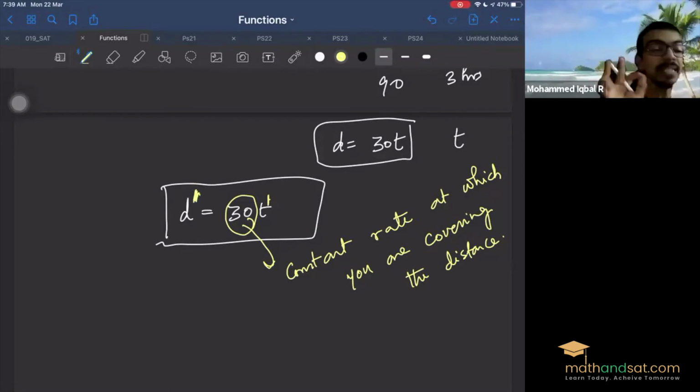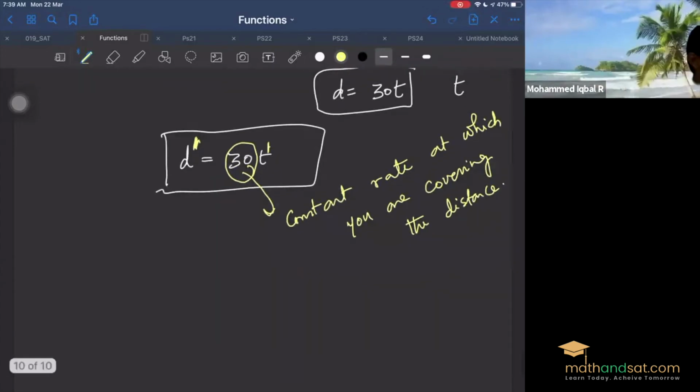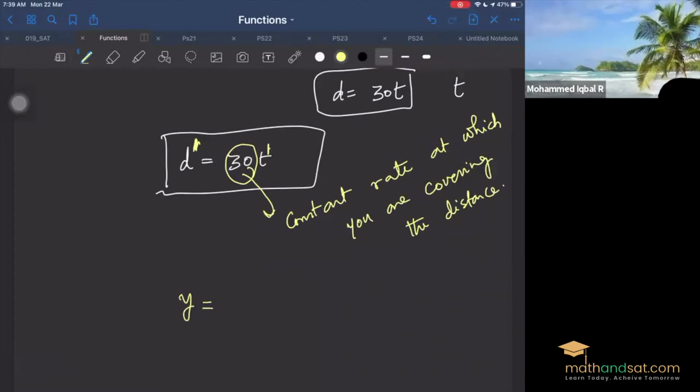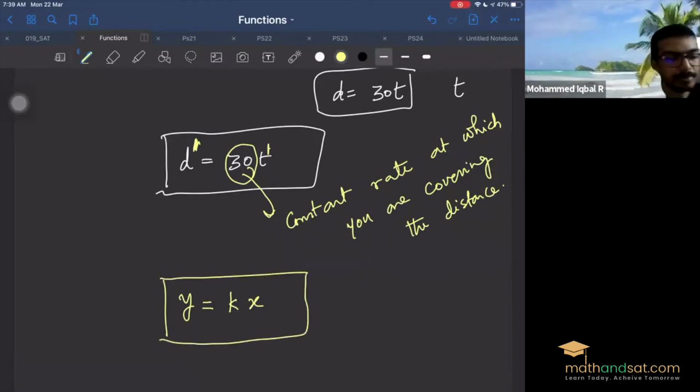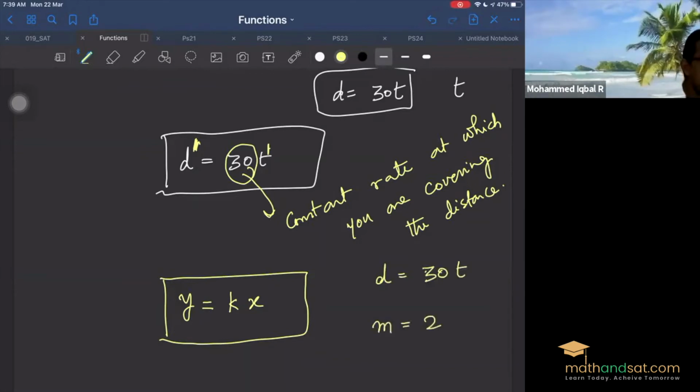So this is a very simple case of linear function. Your y value will be some constant times x. For example, your distance covered was 30 times time. Your money earned was 20 times number of hours.